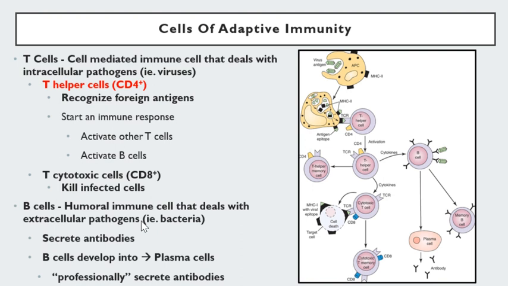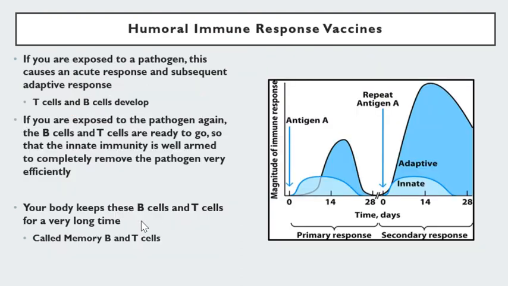But at the end of the day, B cells just develop into plasma cells, and then these professionally secrete antibodies to target whatever the infection is. If you have a humoral response, what we're mostly referring to is anything that's proteins that are secreted, which is mostly antibody responses, but the innate arm also includes the complement system and those inflammatory mediators.